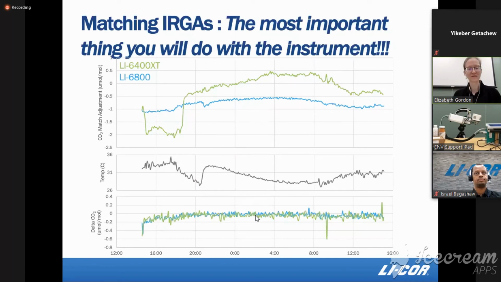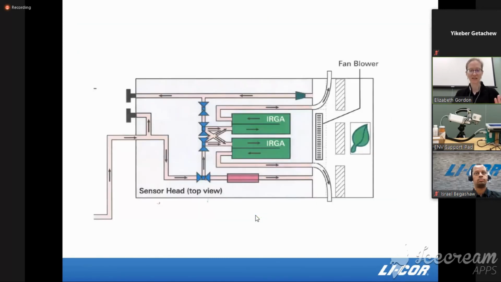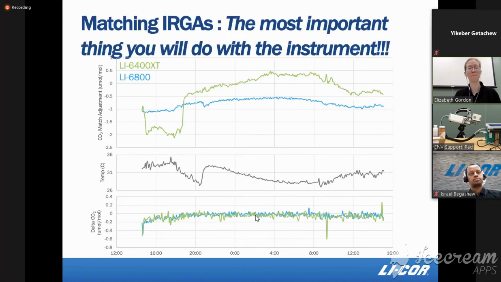One of the things that this series of valves and the ability to move air through and around the different analyzers allows us to do is what's called matching. So we have two separate independent analyzers, and they might occasionally get a little bit off from each other.